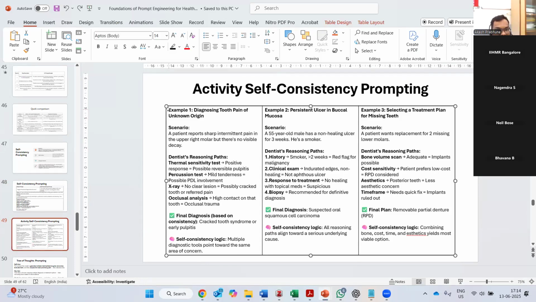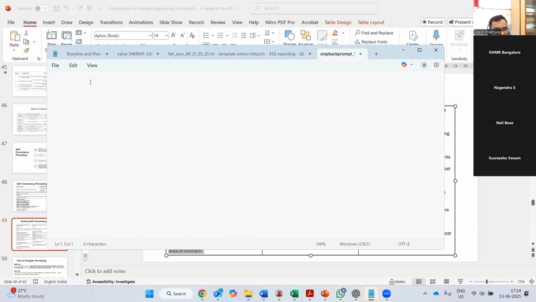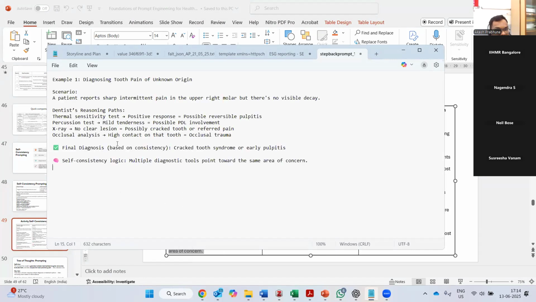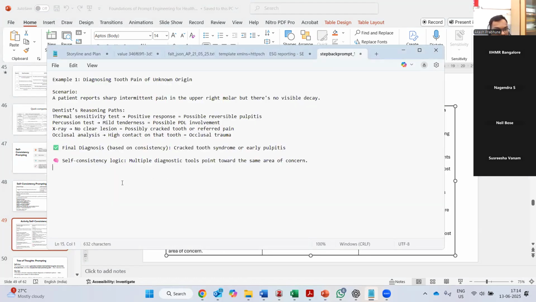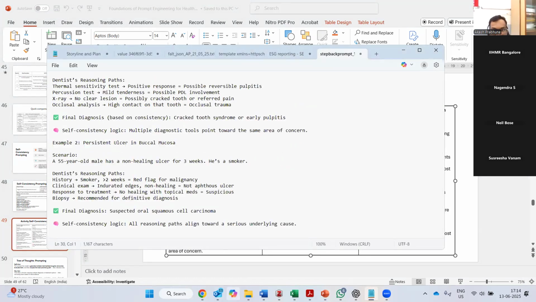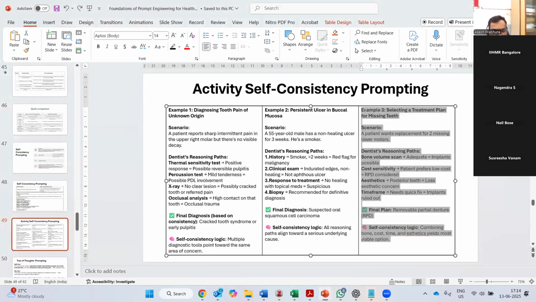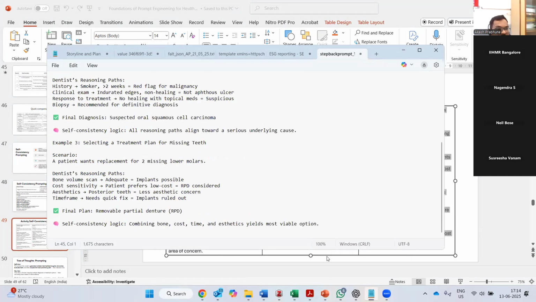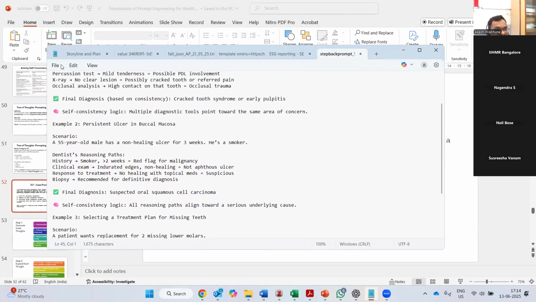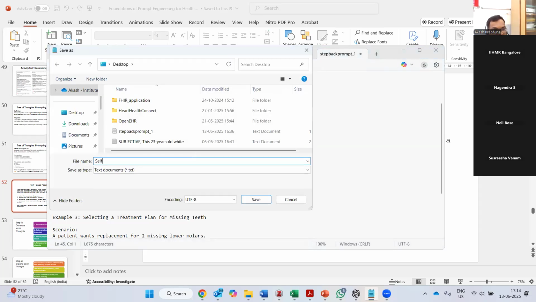I'm putting this into the file attached. See what you can get with your machines and hopefully the best one. Try to build your prompt for a self-consistency path. There are three examples. File, save as. You can try this at home also.